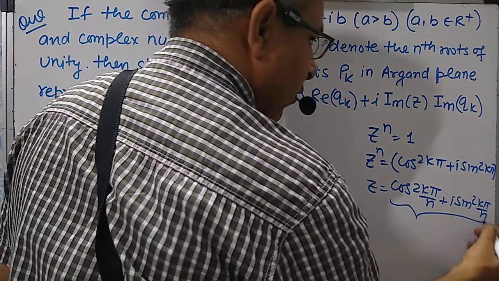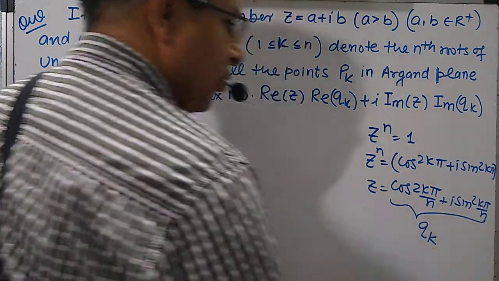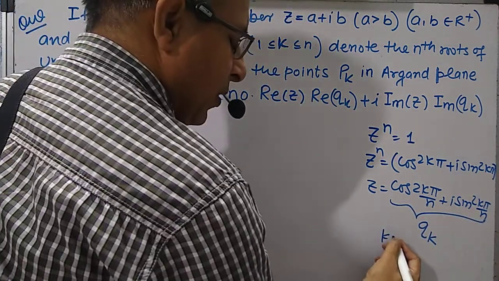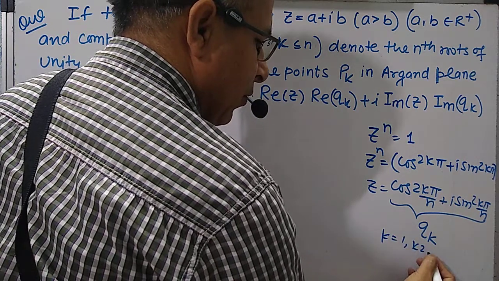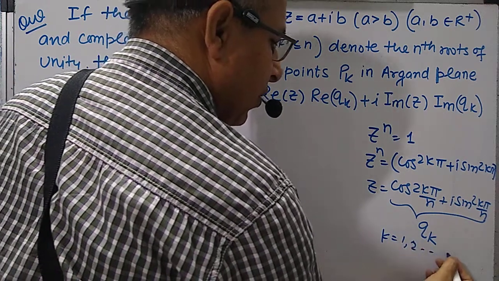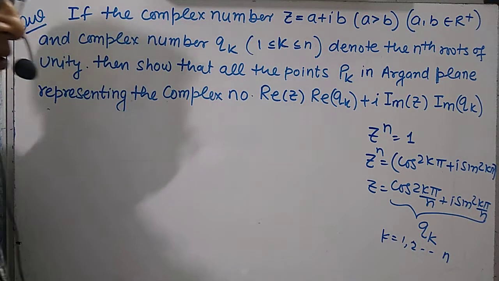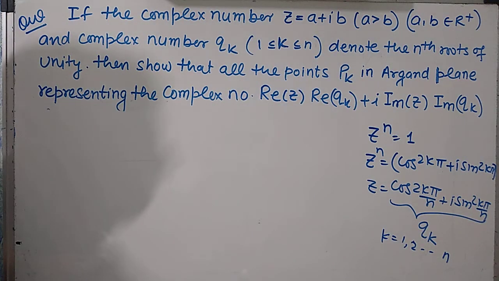So this complex number is called qk. If we put k equal to 1, 2, 3 up to n, we will get the nth roots of unity.